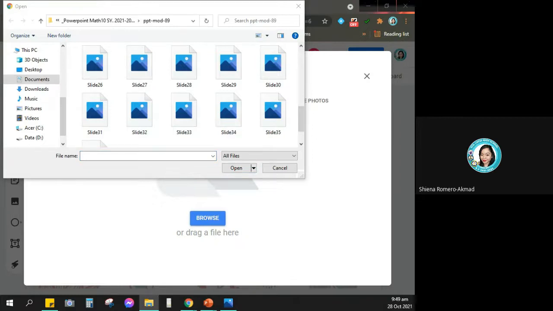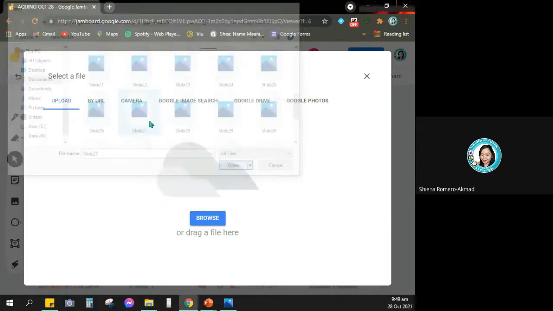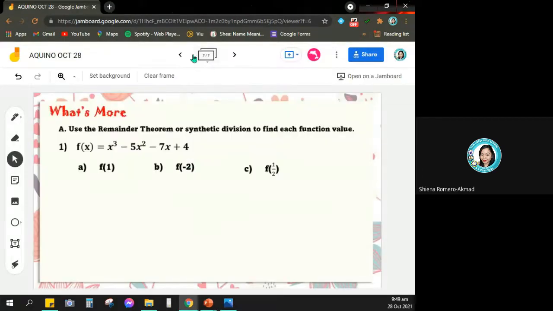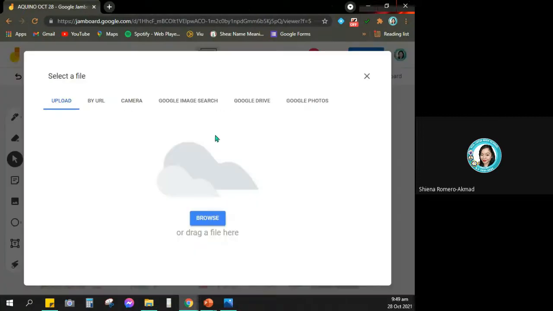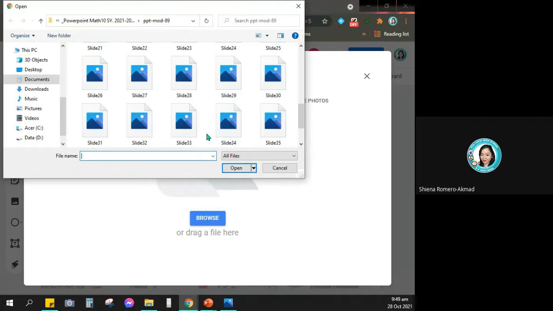Titingnan ko na nga kung anong page siya. 27, ang layo naman ng 30. 27 lang. We can mamaya as example.